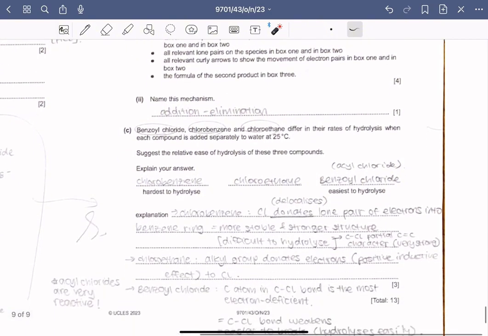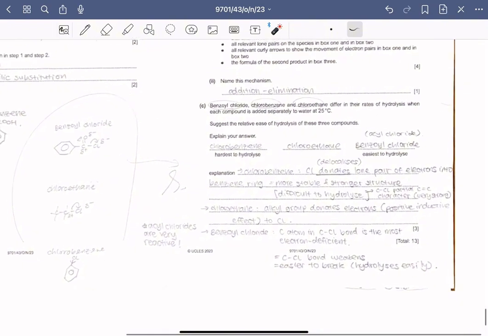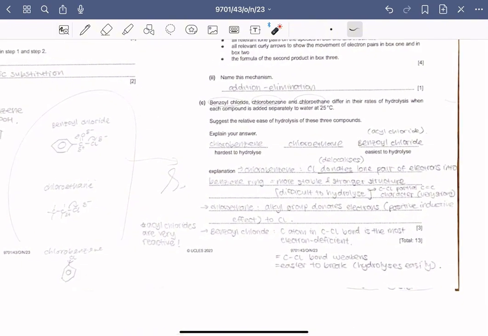C. Benzoyl chloride, chlorobenzene, and chloroethane differ in the rates of hydrolysis when each compound is added separately to water at 25 degrees Celsius. Suggest the relative ease of hydrolysis of these three compounds. Explain your answer. So first, I would draw all three compounds: benzoyl chloride, chloroethane, and chlorobenzene. The hardest to hydrolyze would be chlorobenzene. Why? Because the Cl atom is bonded to the benzene ring, and this Cl atom has a lone pair that delocalizes into the benzene ring.